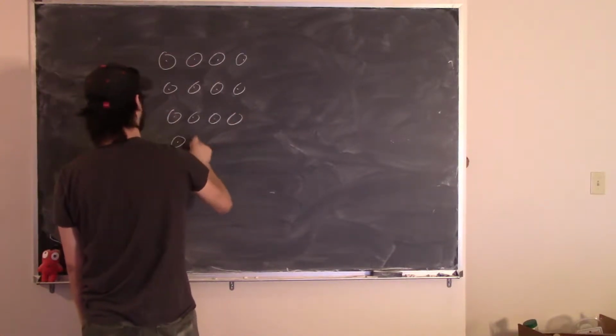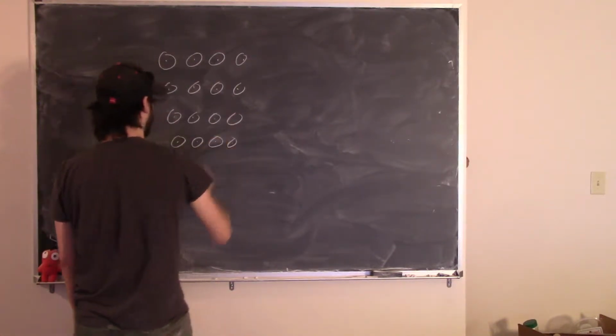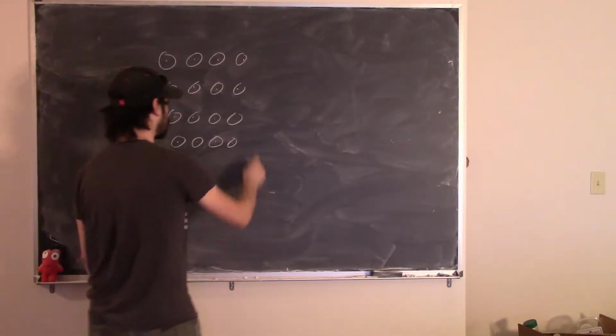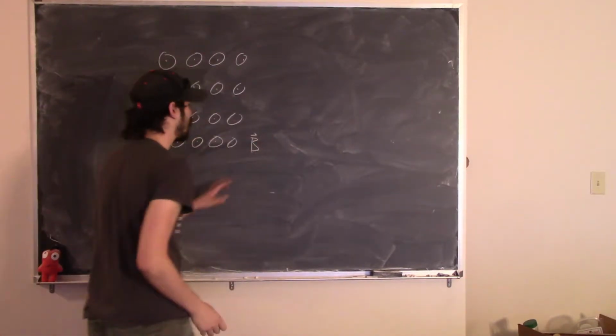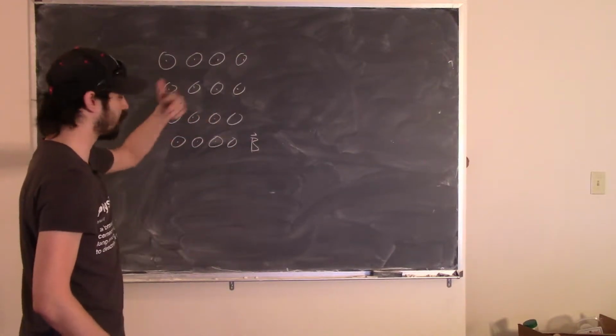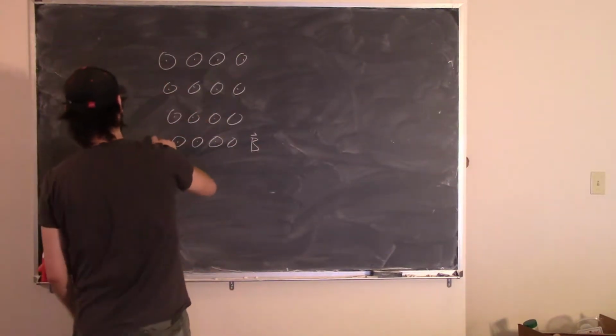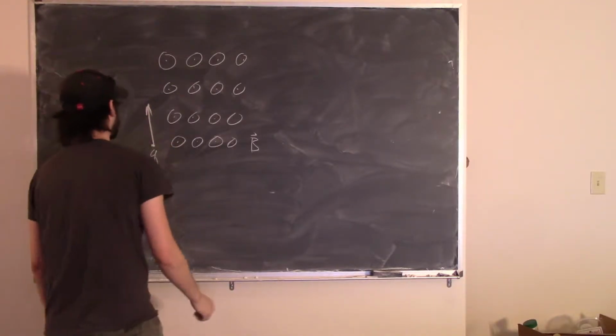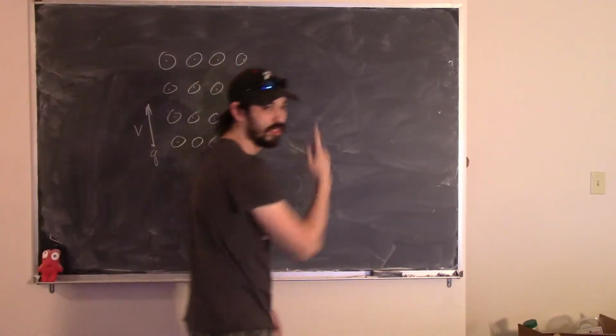Sorry, I don't know if I said magnetic force. My magnetic field is pointing out like this. And we have some particle with some charge Q that's going to be moving with some velocity V, and this is going to be going up.